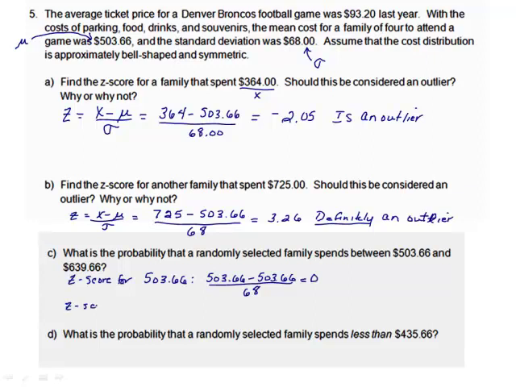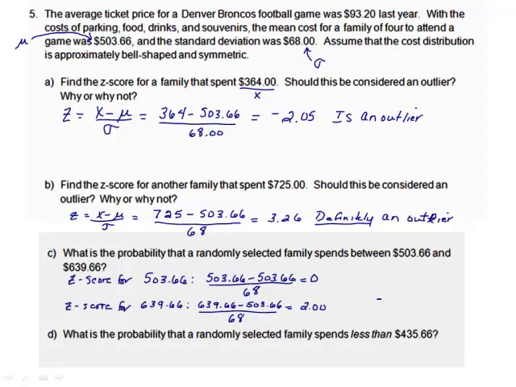For the second one, again we're plugging $639.66 into our formula for the x. And if we calculate this, we're going to get a positive 2.00.